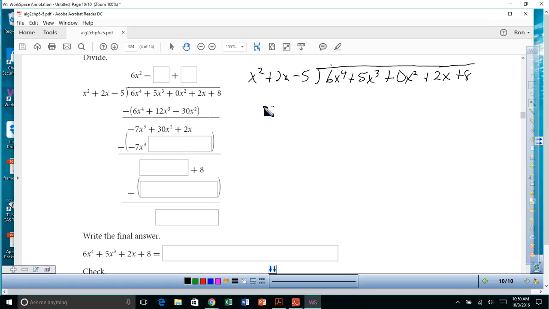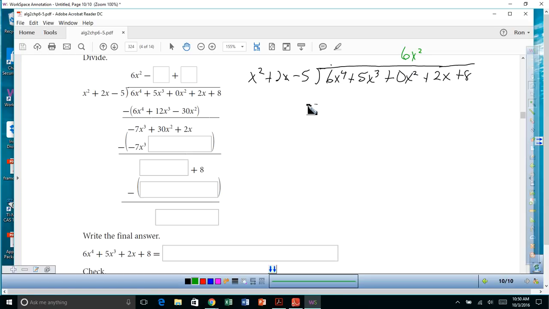All right. Step 1, we want to turn this x squared into 6x to the fourth. To do that, we're going to multiply x squared by 6x squared. So we got 6x squared. Notice how I put that above the x squared.